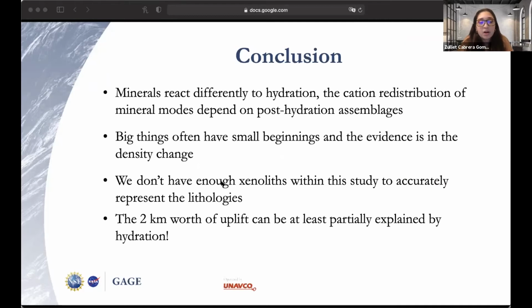And big things often have small beginnings, and the evidence for this is the density change. So hydration on a scale model is quite minuscule, but on a larger scale, it's quite big. And again, we don't have enough xenoliths within the study to accurately represent the lithologies, but the 2 kilometers worth of uplift can be at least partially explained through hydration.